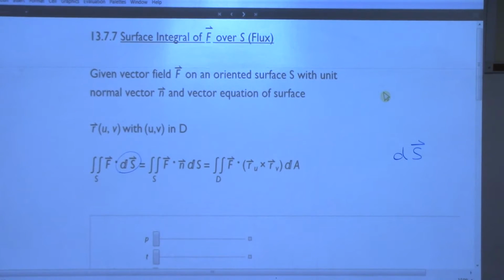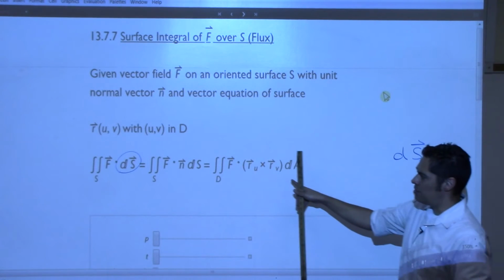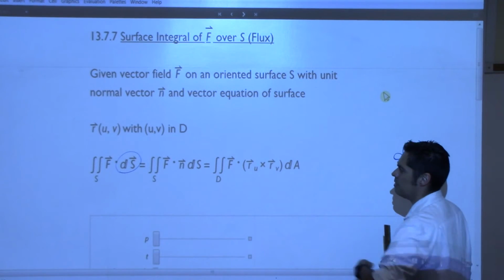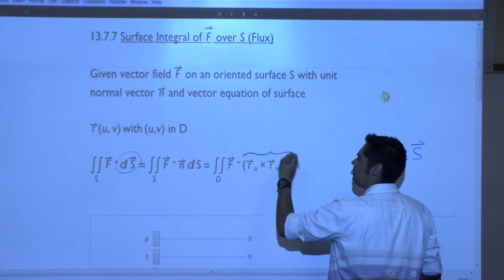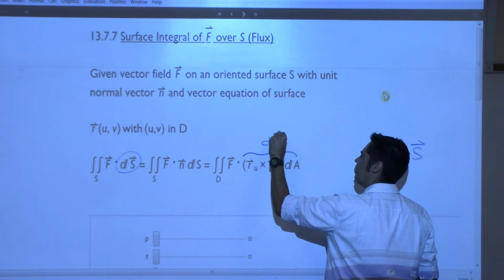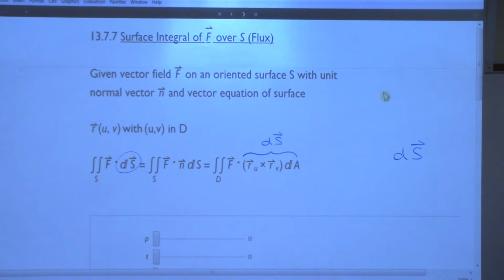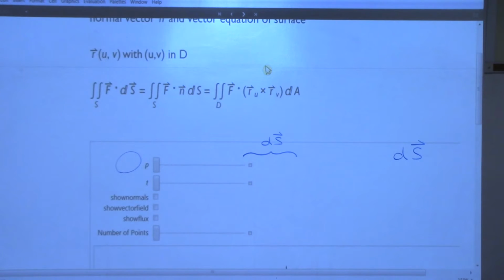I'd like to try and explain what it means in the formulas that you see here, because this right here is the d capital S. I'd like to try and come up with some meaning for that for you. Here's my best attempt at trying to explain what it is and what this whole thing called flux is.